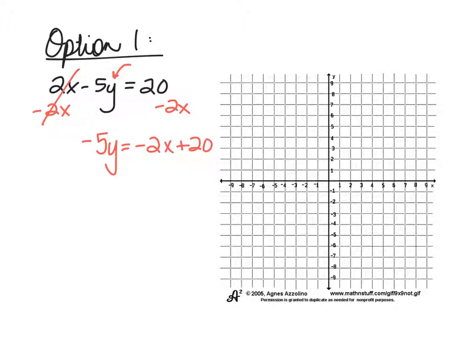Now, some people say, well, can't I write that as 20 minus 2x? And you certainly can, but since we're trying to change this to be mx plus b, I want the part that has the x with it to come first. So that's why I write mine -2x plus 20. And the plus 20 is because this is a positive 20.